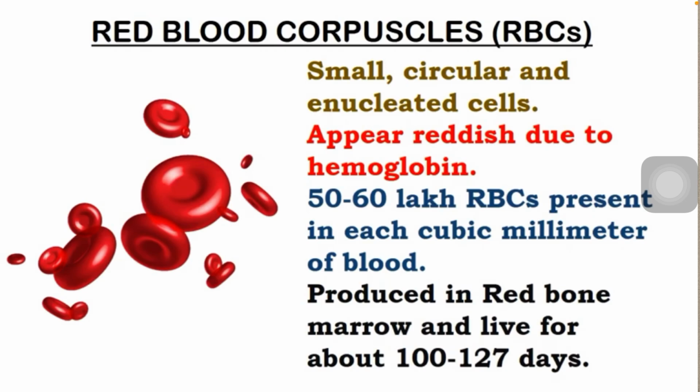They are small circular enucleated cells. These cells appear red due to hemoglobin. Oxygen is carried in blood due to hemoglobin. 50 to 60 lakh RBCs are present in each cubic millimeter of blood. RBCs are produced in red bone marrow and live for about 100 to 127 days.